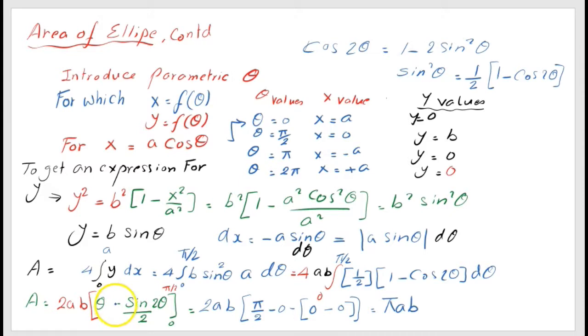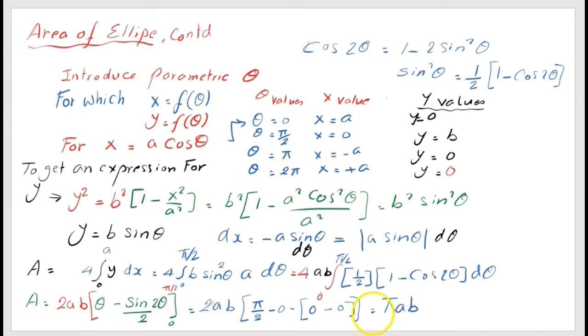Then again, for the minus sine 2 theta over 2, sine 2 theta multiplied at pi over 2 is sine pi, which is 0. And minus, again, the sine 2 theta of 0 divided by 2, again it is 0. So we are left with 2ab times pi over 2. This 2 will cancel with this 2, and we finally get the value of pi ab.